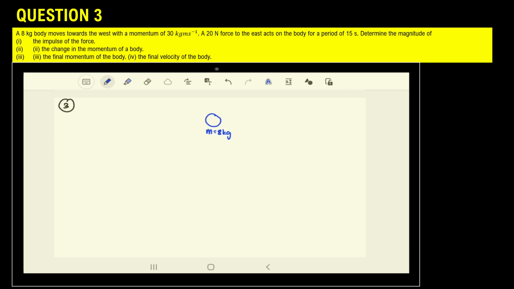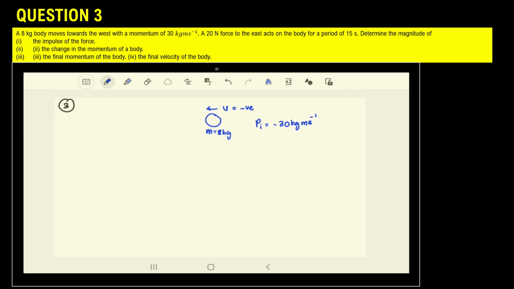Given that the motion is in this direction, the value must be negative, because we take the direction to the left as negative. So the initial momentum is 30 kilogram meter per second, which means it's negative 30 kg meter per second.